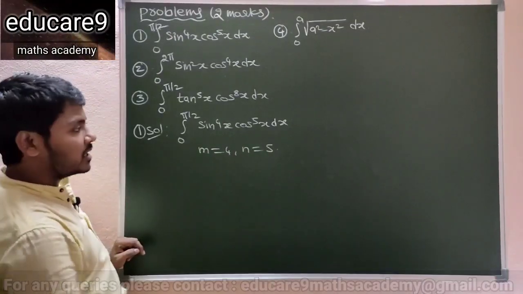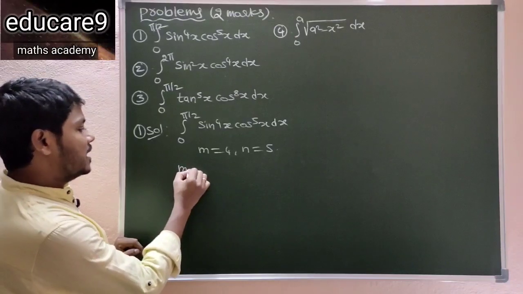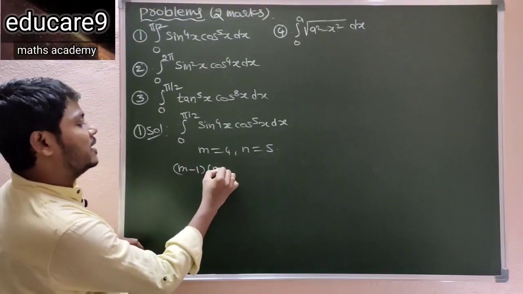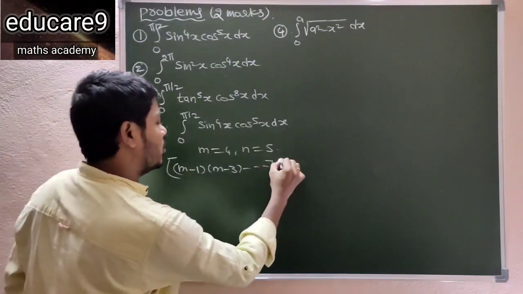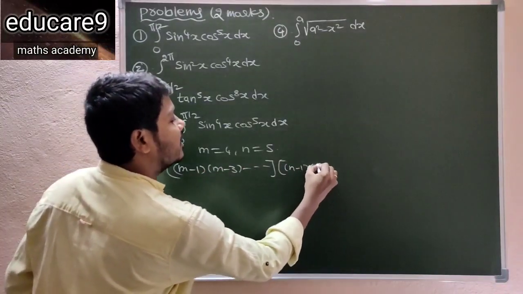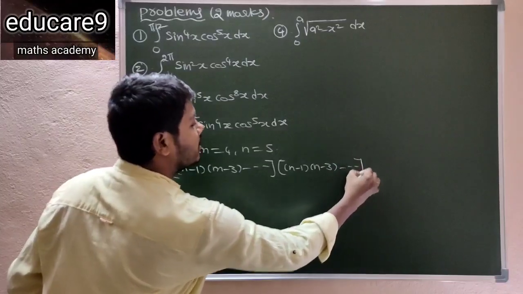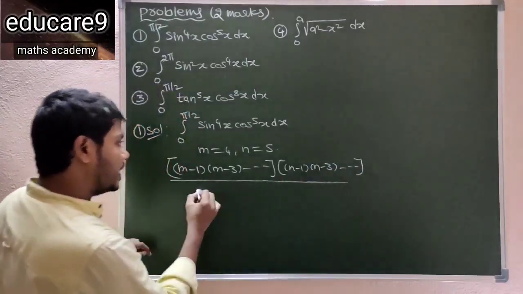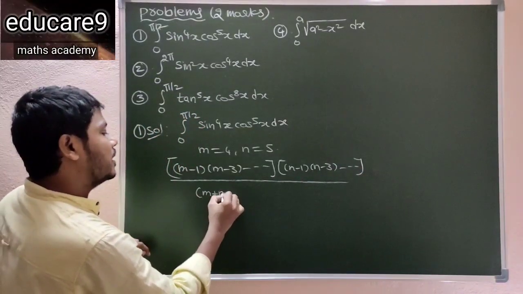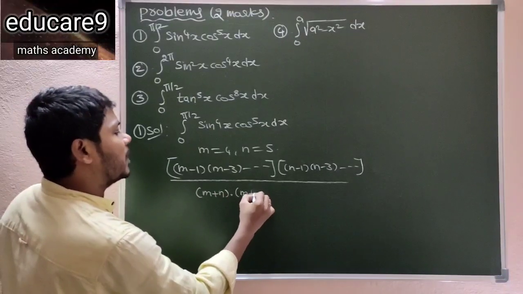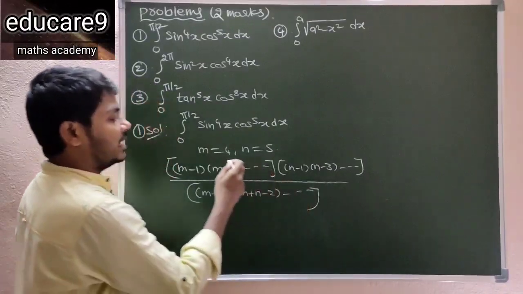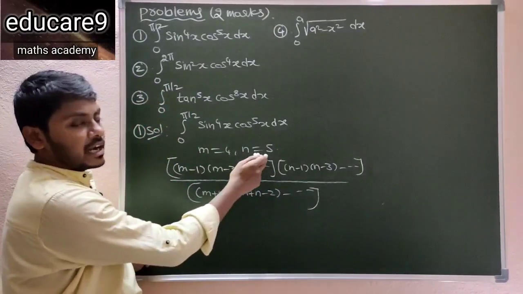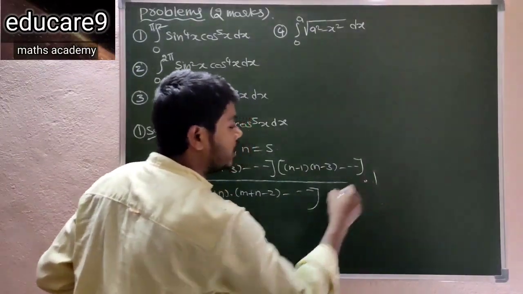So apply the reduction formula, that is m minus 1, m minus 3 and so on, into n minus 1, n minus 3 and so on, divided by m plus n into m plus n minus 2 and so on. So clearly one is even and another one is odd, so multiply by 1.